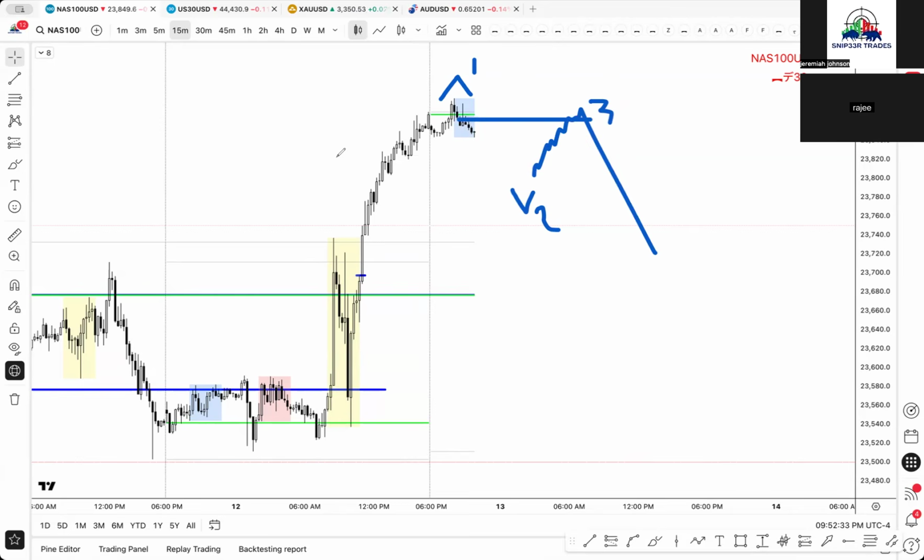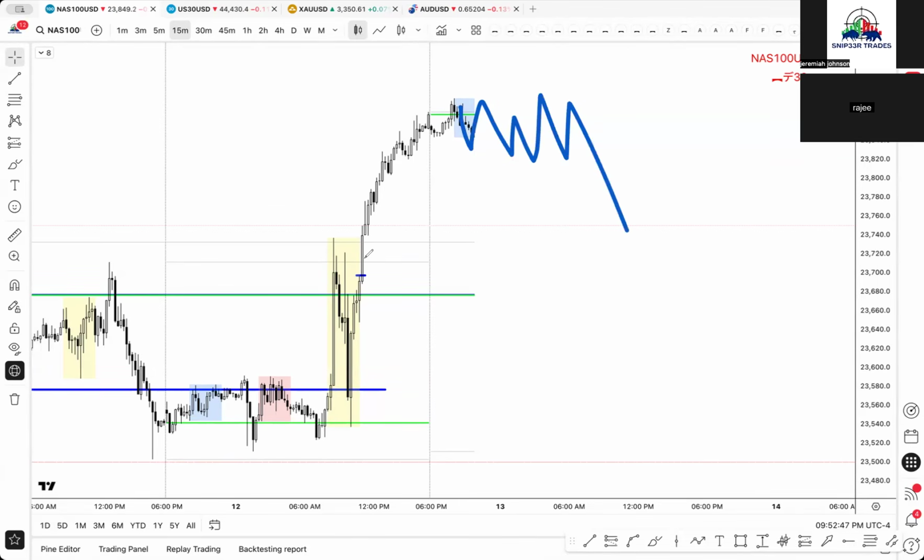It could be one of those two. Or they can just consolidate and close as a first red day. We'll see. We don't actually know.